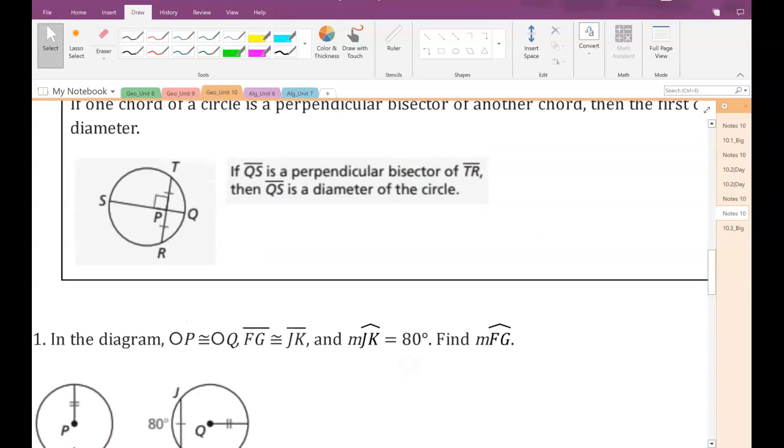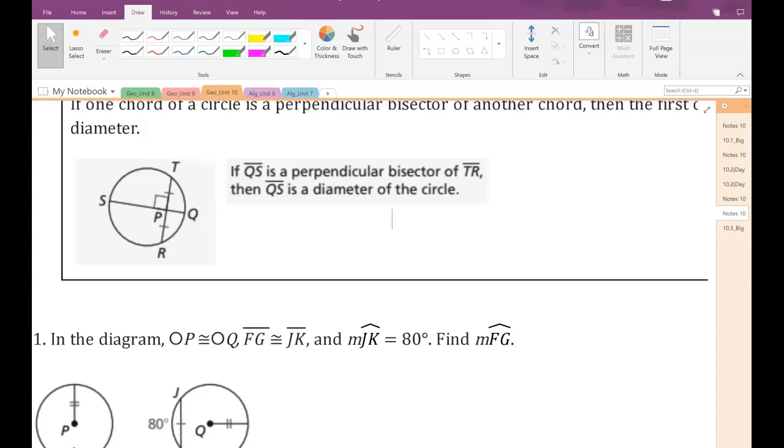So if QS is a perpendicular bisector of TR, we're not saying that for sure QS is a diameter yet. We're just saying, if this happens where it bisects our chord, then QS is a diameter of our circle. And same idea here, these two arcs are still going to be congruent. It's just not part of the theorem because we're using the converse. We're not talking about arc lengths here.